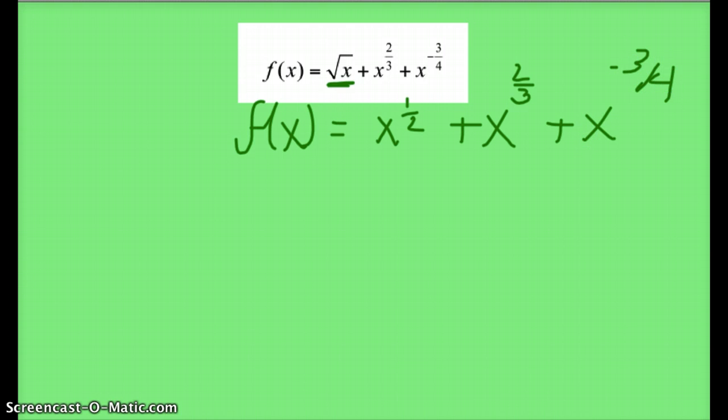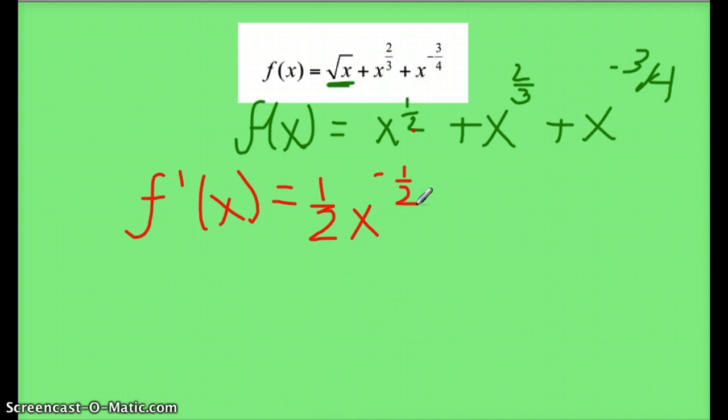Okay? So let's go ahead and take the derivative. I'm going to get f prime of x is equal to, I'm going to move my fraction in front since that's my power, x, and 1/2 minus 1 is negative 1/2. Once again, move my power to the front, 2 over 3, x, 2/3 minus 1 is negative 1 over 3, minus.